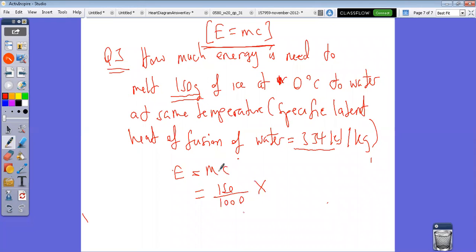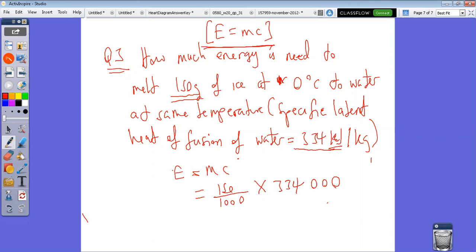Multiply by the latent heat of fusion, which is 334. Another thing is it's in kilojoules. We require it to be in joules, so like this. Makes sense now? Be careful when you're dealing with physics here. Clear?